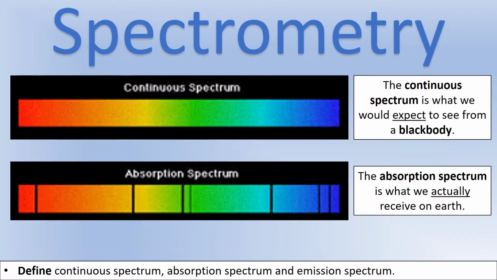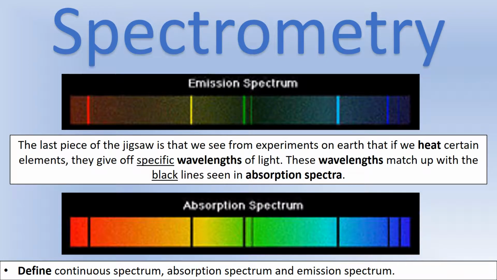So the next kind of spectrum we're going to look at is called an emission spectrum. We found these by heating up elements here on Earth, and what you'll see is that these elements give off very specific wavelengths of light, and these happen to match up with the black lines we are seeing in absorption spectra.